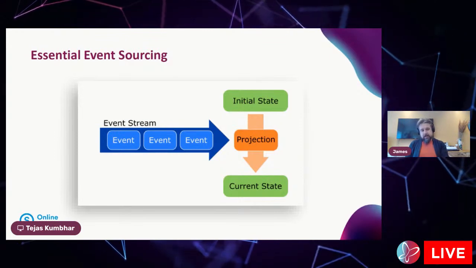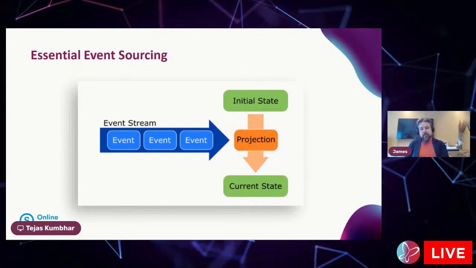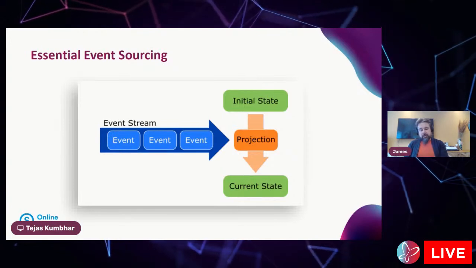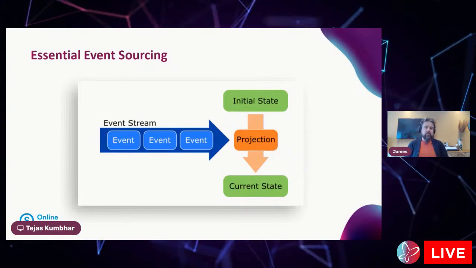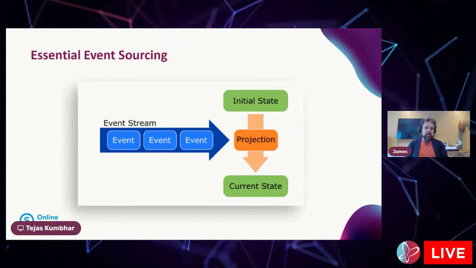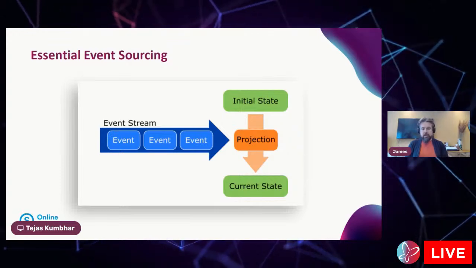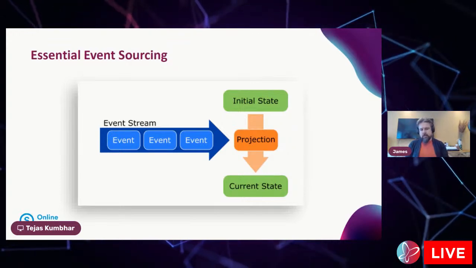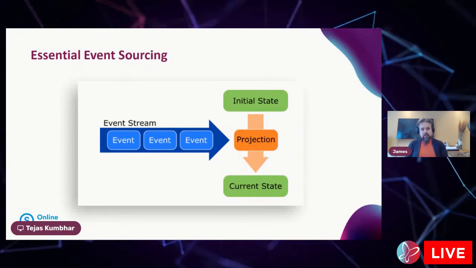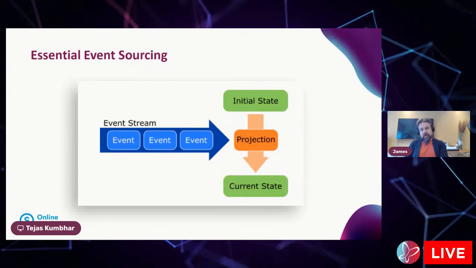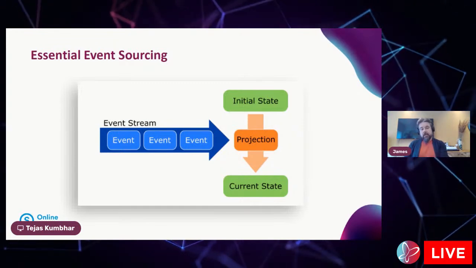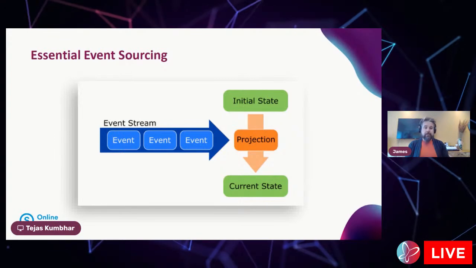This is facts about your domain. And when you record these facts and the changes to them, these changes are usually in response to specific user intents and mutations. We record all of that, and then we project it in order to get the current state.